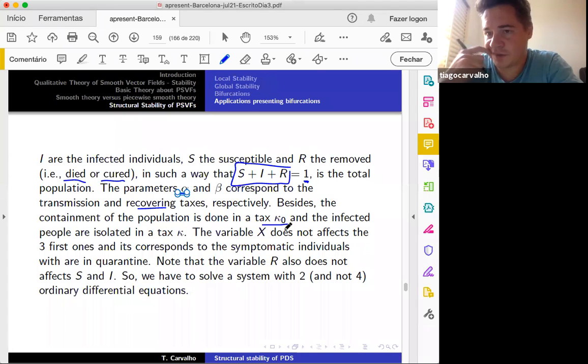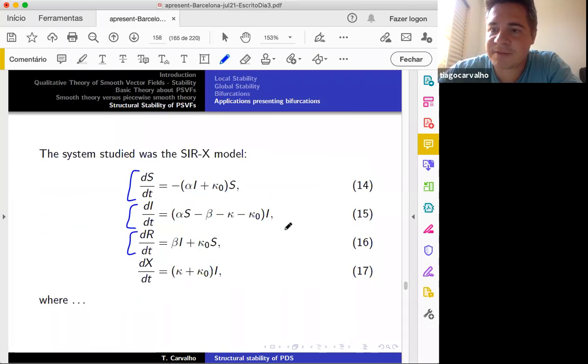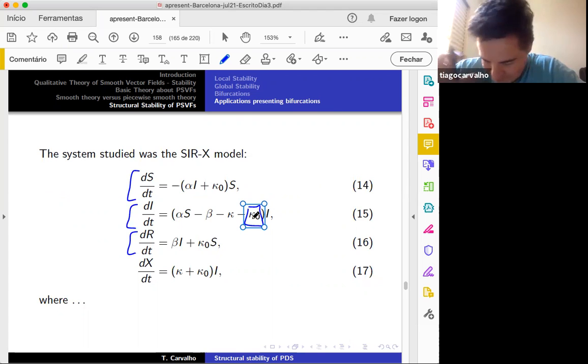This means, for example, if a government says that all the population must be at home, or even if the government says that some workers must be at home, and other ones can go to work. This is the kappa zero rule.